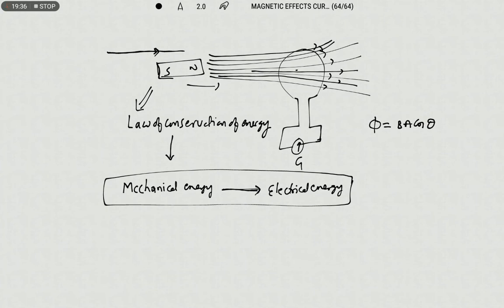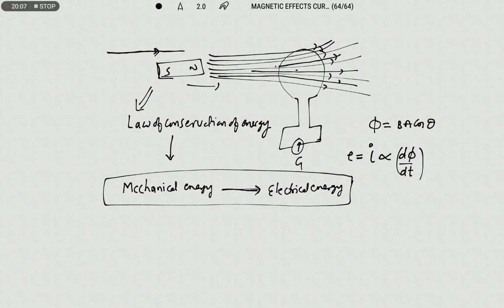In the same way, sir, we discussed that if the speed of the magnet or the speed of the coil is increased, the strength of the current also increases. Why? The current produced in the coil is directly proportional to the rate of change of flux linked with the coil, or induced EMF is directly proportional to the rate of change of flux.